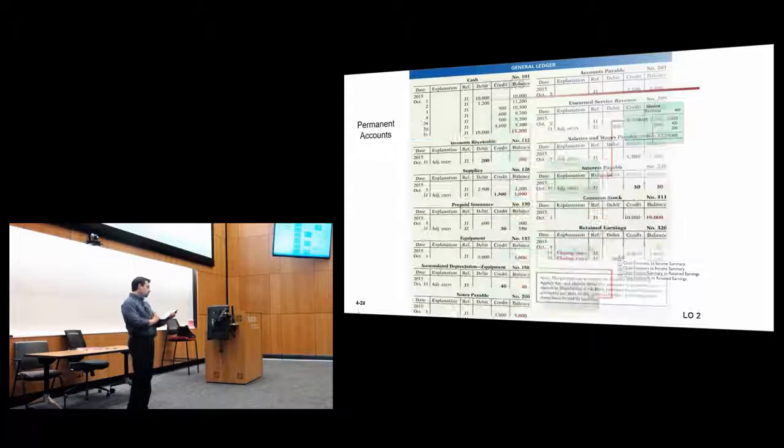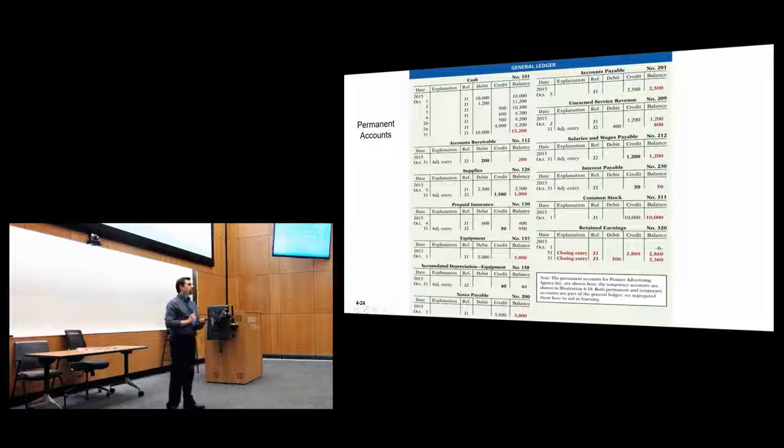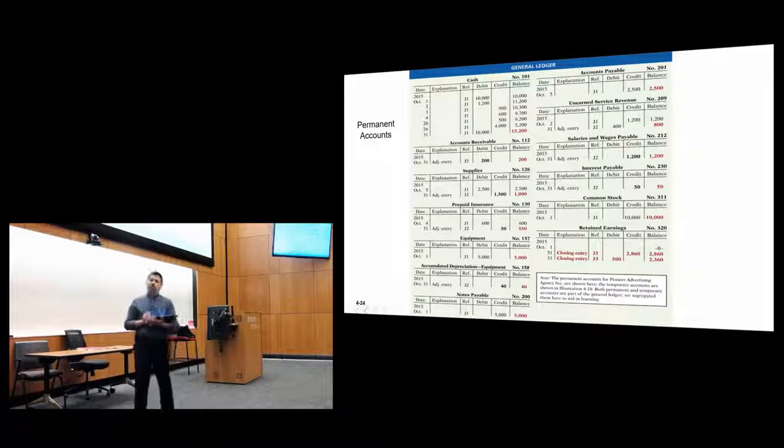Okay. At the end, when you do that, the ledger will basically have only the permanent accounts with balances. And as you can see, you have here closing entries. It shows the closing entries. This is an explanation to say why this change has happened.